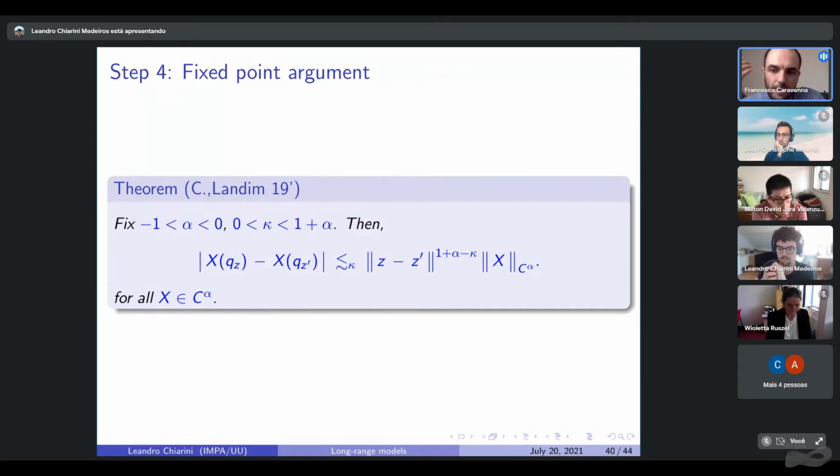So it's heuristically clear that you should improve by 1. My question is, which part of the assumptions of Hairer fails? Is it the derivative with respect to the space component, or the time component?